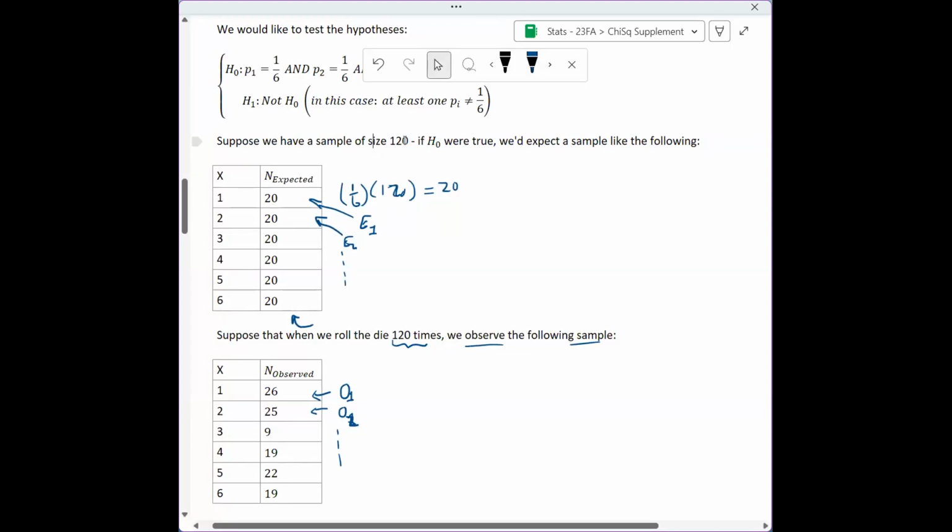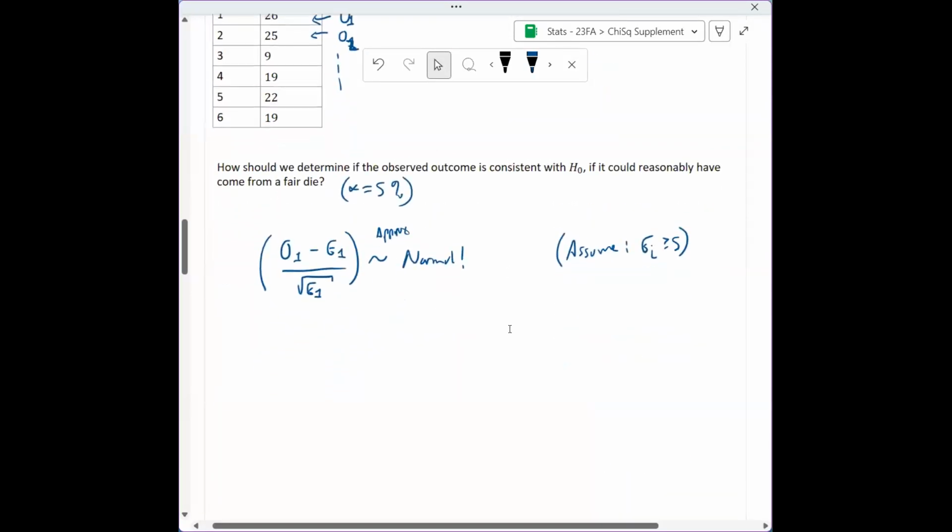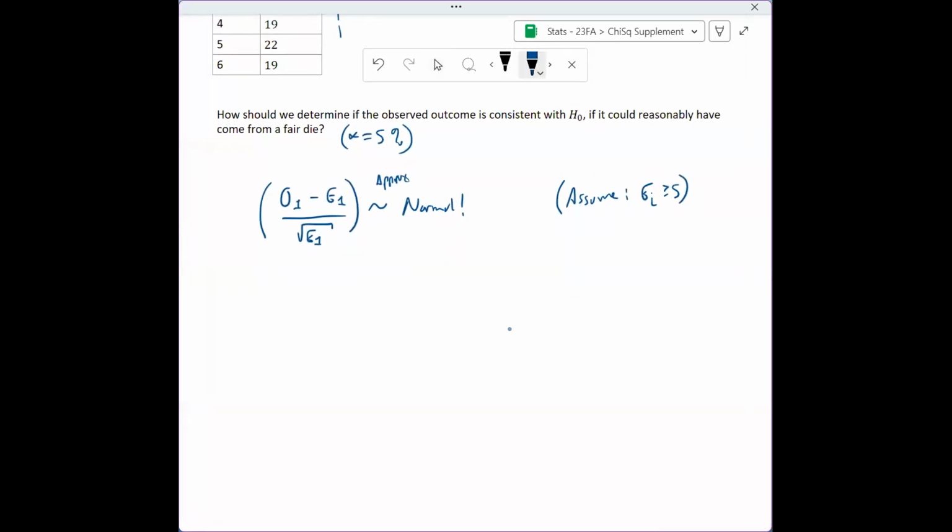In other words, we're assuming that we have a sample that's large enough that we have a frequency of at least 5 in each of the expected categories. And 20 is bigger than 5, so that's fine. But if we had a smaller sample, or an expected distribution where one of the probabilities was quite small, then we might have to have a larger sample to satisfy that assumption and be reasonably confident in this approximation.